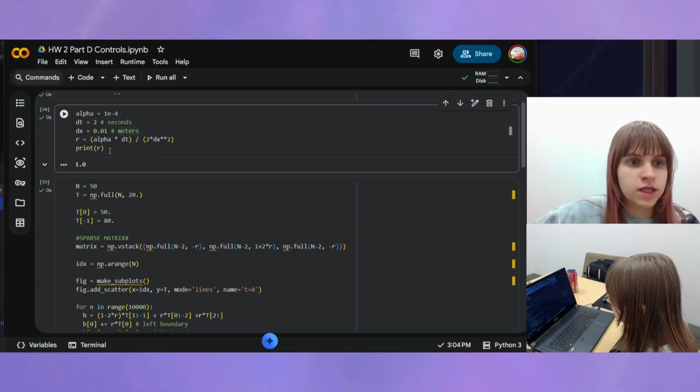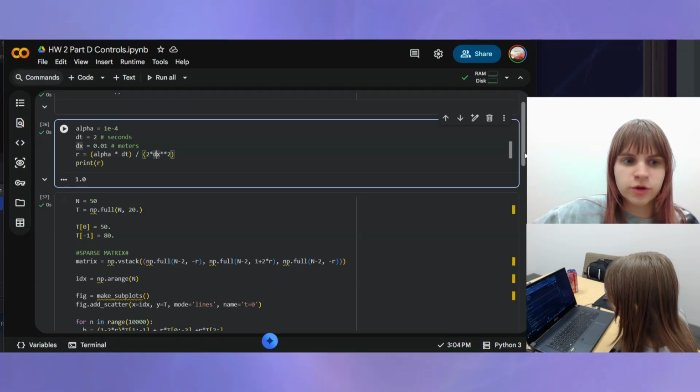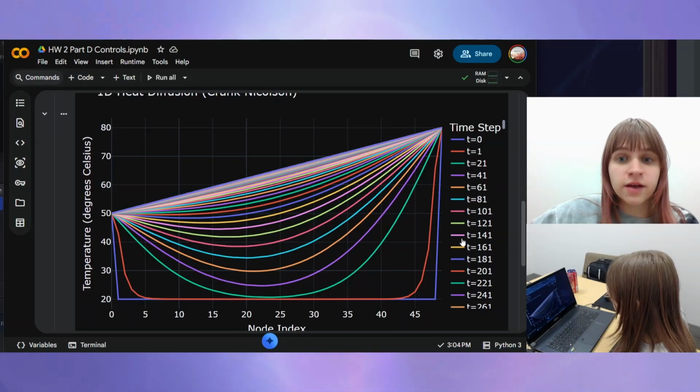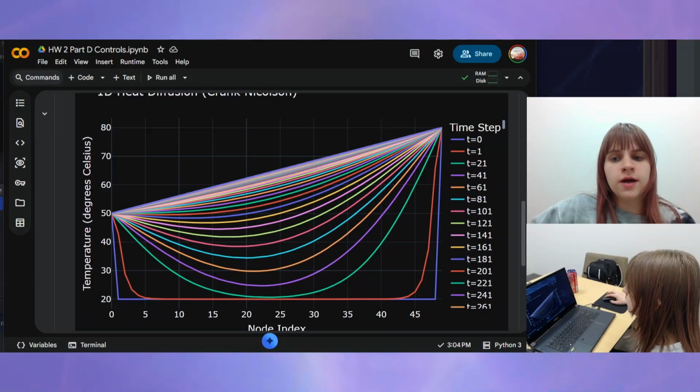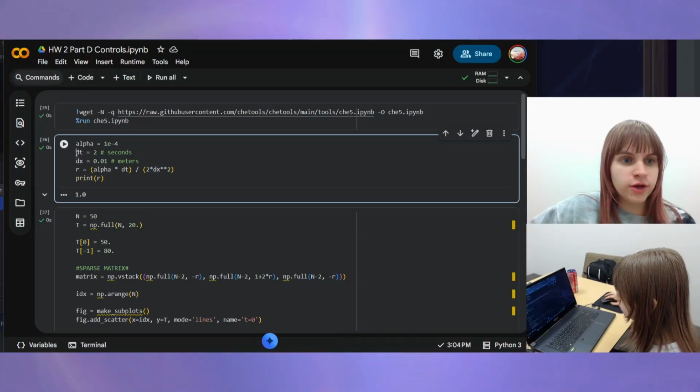Now I'm setting R as 1.0 just to see what that kind of looks like, if we can find a nice middle ground where we get the best of both worlds. Yeah, so this still looks really good. So this is kind of the best of both worlds, where we don't really have those errors at the beginning, but we were able to increase our time step.